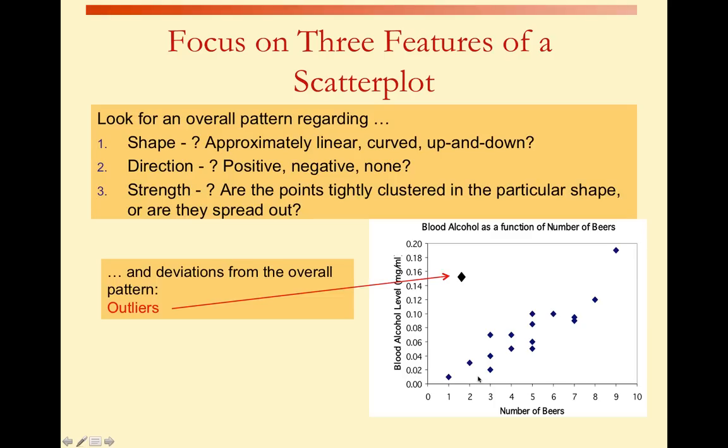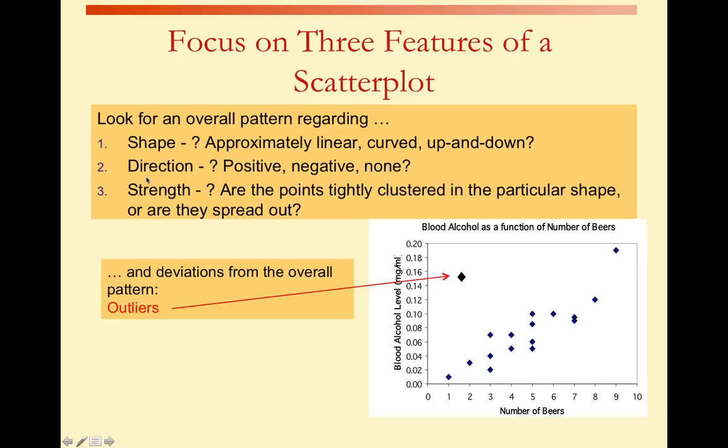You don't have to worry about ordering anything because numerical variables are automatically and inherently ordered by the values from lowest to highest. So each point here represents a pair of numerical data, and what we want to see is how they vary together. So when we look at a scatter plot, we're looking for the overall pattern.